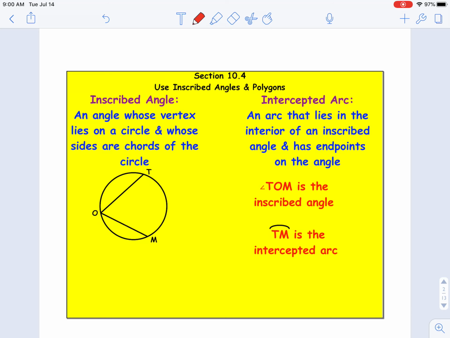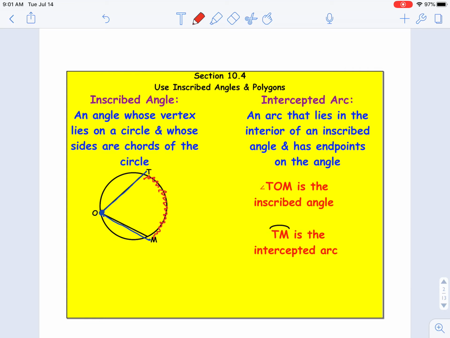An inscribed angle is an angle whose vertex lies on the circle and whose sides are chords of the circle. So the vertex of the angle is on the circle itself, and the sides right here are chords. And that is called an inscribed angle.